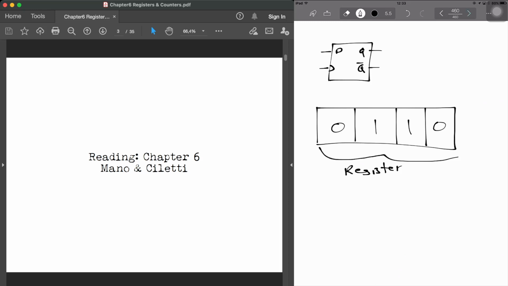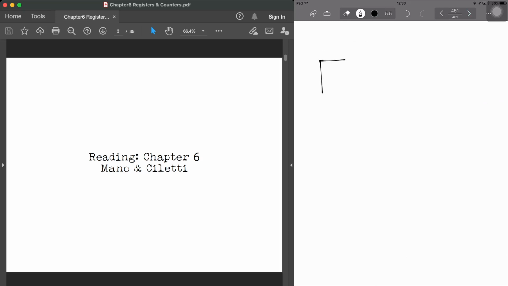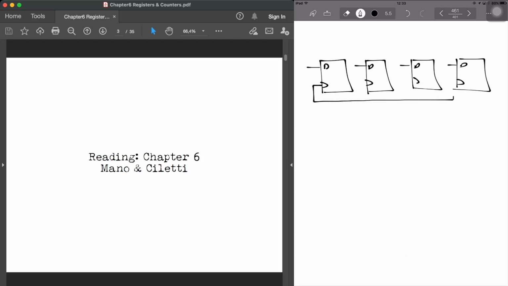Now, what is this? Actually, we can form it like flip-flops 1, 2, 3, and 4 of those, and all of those are D-type flip-flops, let's say. Each of those has its own inputs and a common clock.